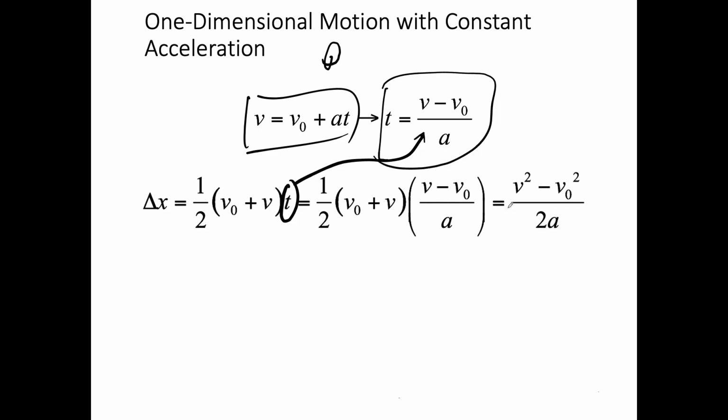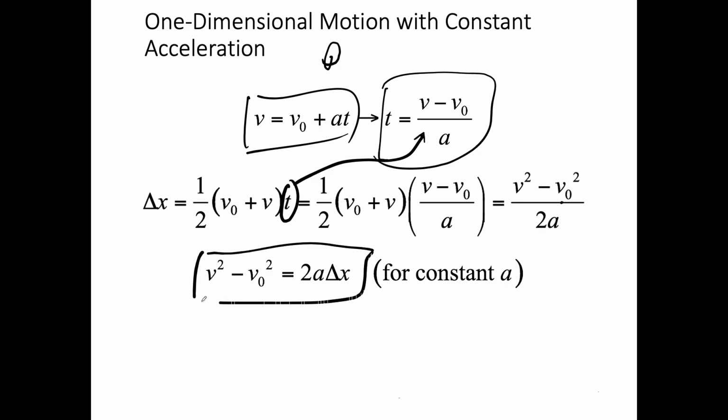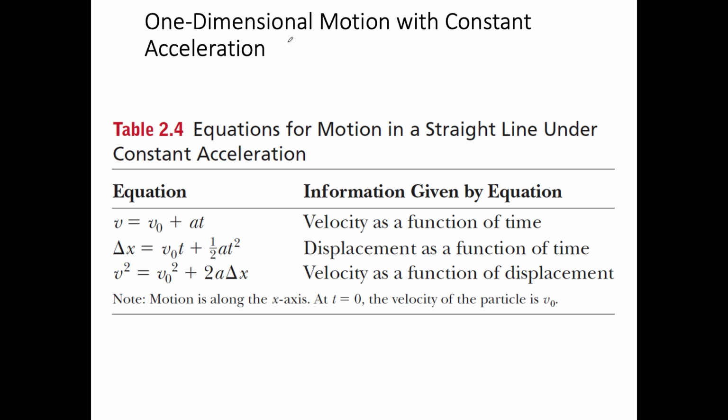We find displacement equals final velocity squared minus initial velocity squared, divided by 2a. And then we multiply 2a on both sides and find this equation. We call it equation 4 for constant acceleration motion. So to summarize, those equations would be extremely important for our calculations.